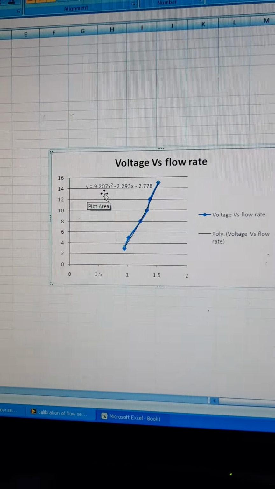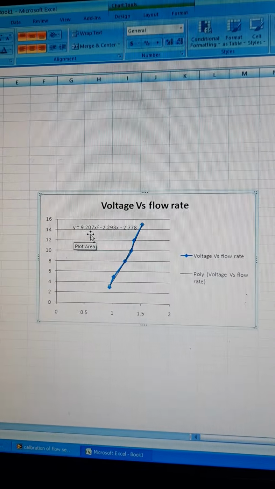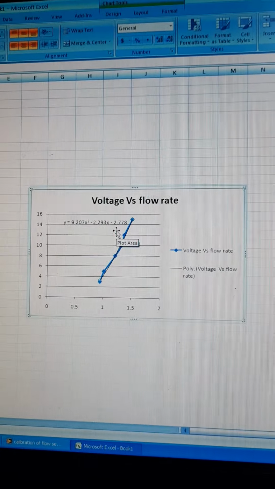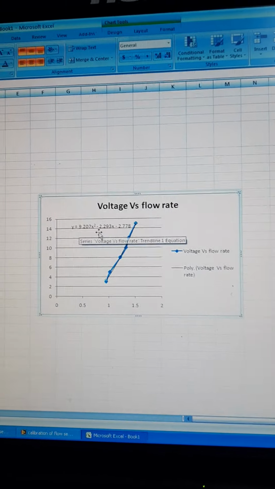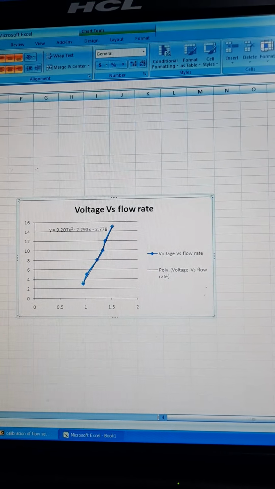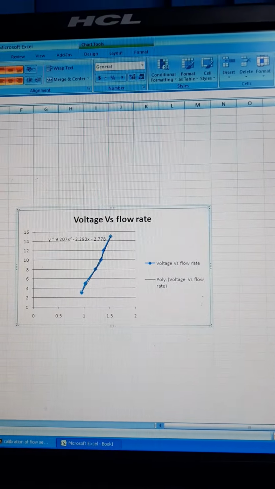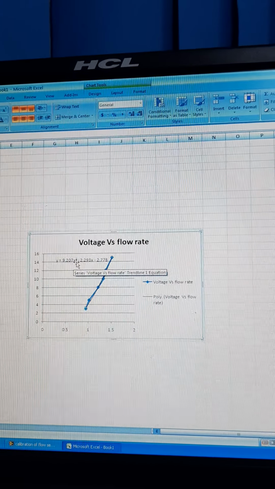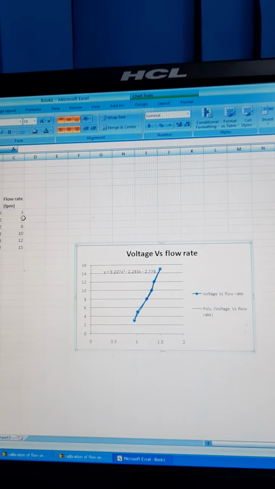So y is given by 9.207 x squared minus 2.293x minus 2.778. What you can understand from this is, when the x value is 0.95, if you substitute 0.95 as the x value in this equation, the y value you have to get is 3.